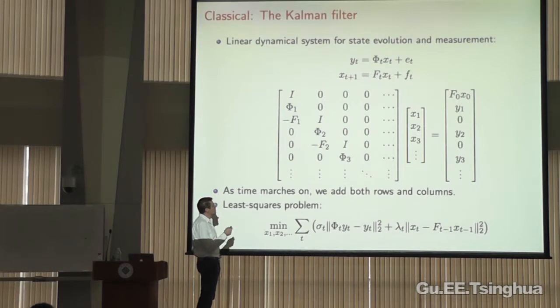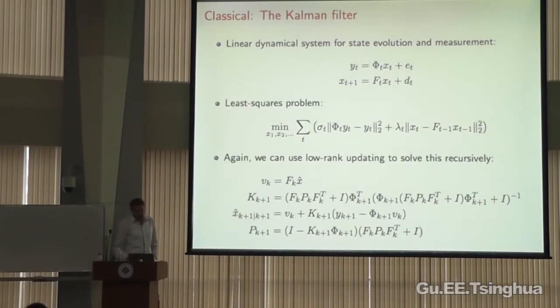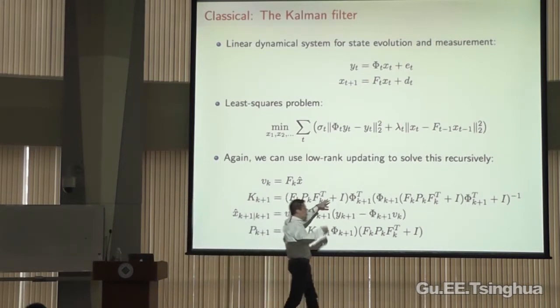I can rewrite this into one big matrix equation and solve for x1, x2, x3. So what you're doing is finding the x which jointly minimizes the sum of errors over all time. But you can also do it very quickly by doing this recursively. This is what you would call the Kalman filter.